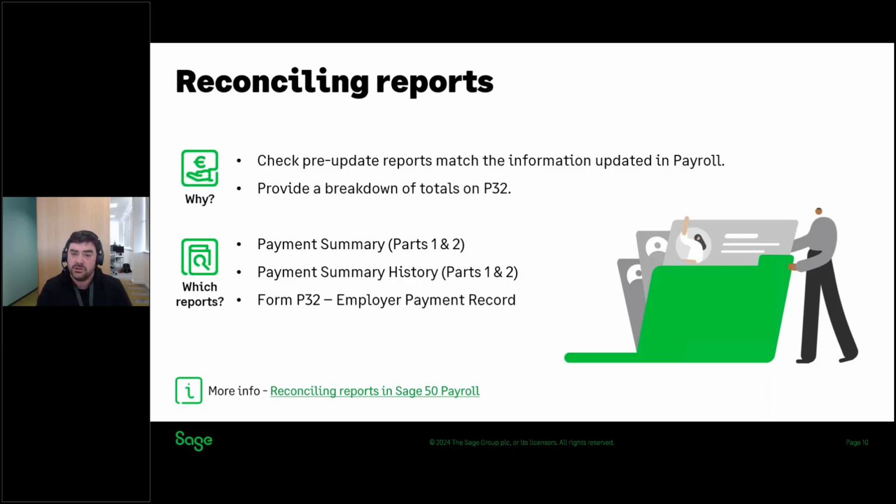So those reports should match. And then we'll also look at how you can break down the figures on your Form P32, the employer payment record. And there are other suggested reports and guidance available from our help centre if you follow the link there on the slide. So let's just now return to the demo.